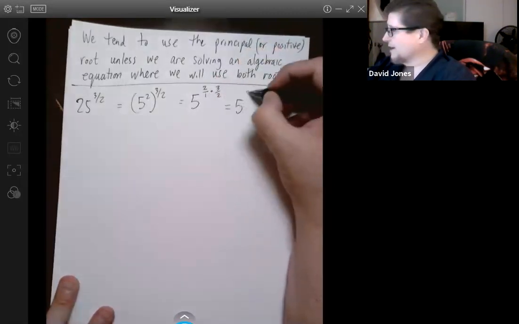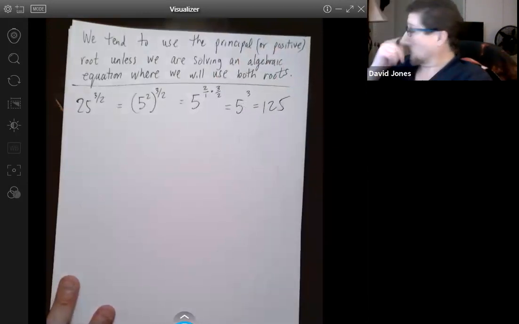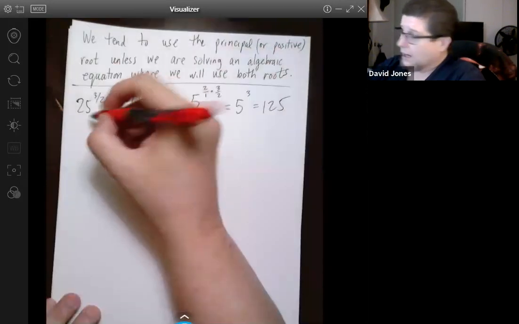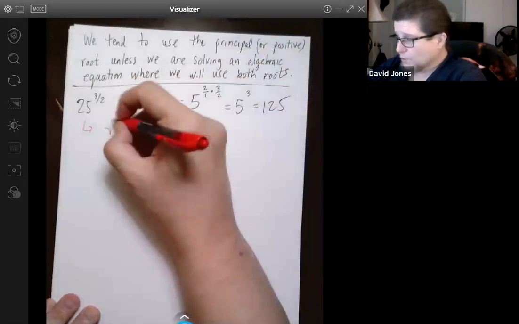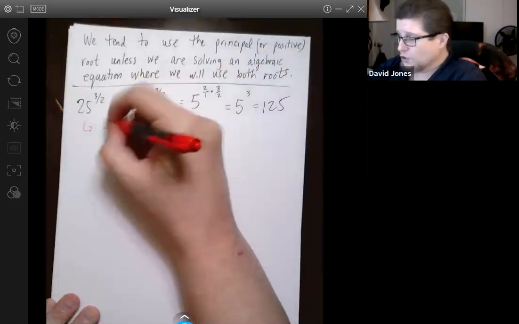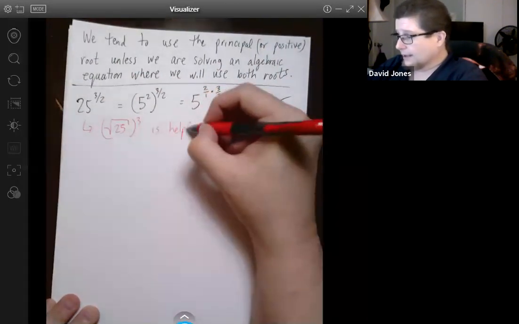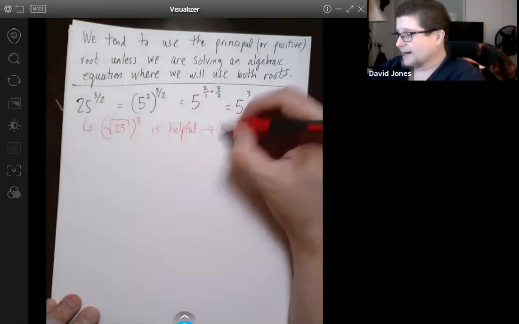This ends up being 5 cubed, which is 125. And if I show manipulating it other ways, writing this as the square root of 25, cubed, is helpful. A lot of people know what the square root of 25 is. That ends up being 5 cubed.